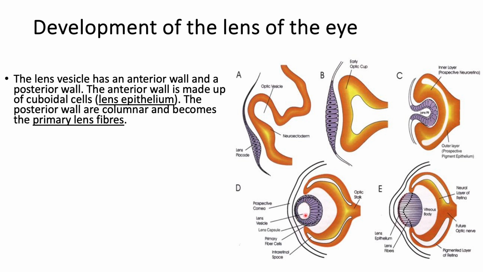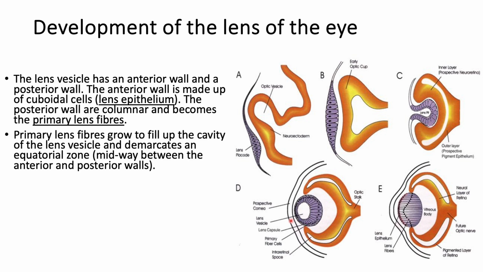Inside, or between the anterior and posterior layers, is a cavity. Now what happens is that the anterior layer will continue to grow and fill up the cavity here. And once that goes on, there is the demarcation of a layer in between the anterior and the posterior.